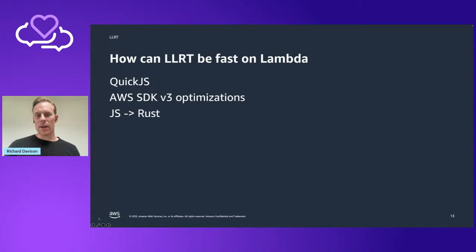And one of the biggest contributors to performance is that I have shifted a lot of complexity from JavaScript to Rust, meaning that a lot of APIs have been implemented in Rust rather than in JavaScript, so they will have an instant performance boost. And the last one is that it's lightweight. The whole runtime comes in just under 3 megabytes, and that includes the AWS SDK.